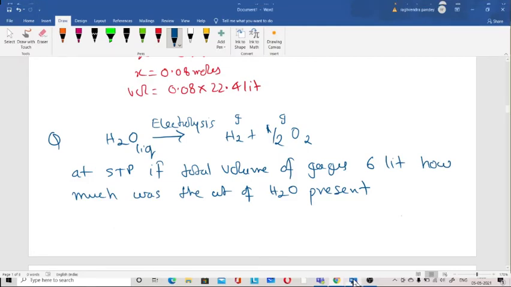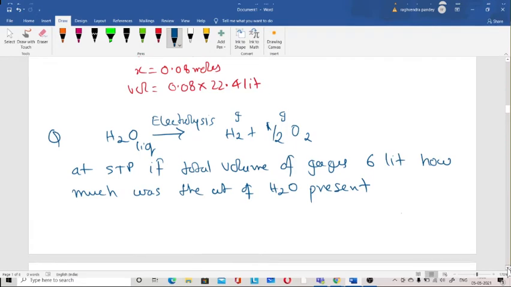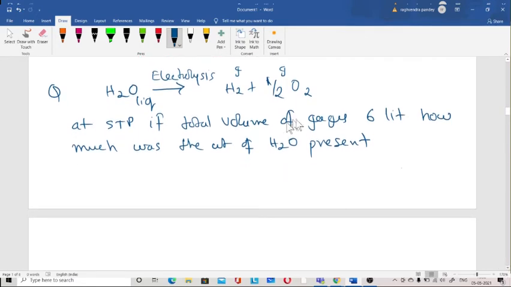Okay, so I am solving it. Now you see, the total volume of gases is 6 liter.